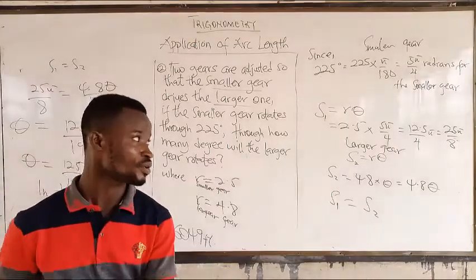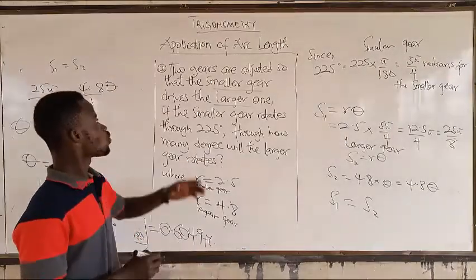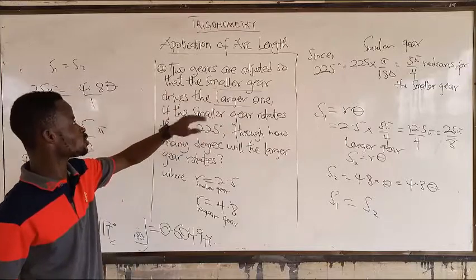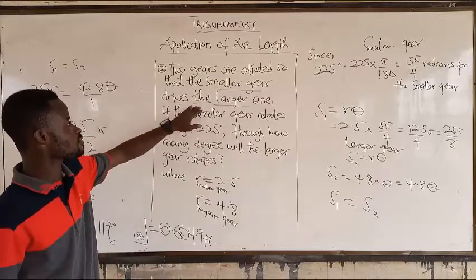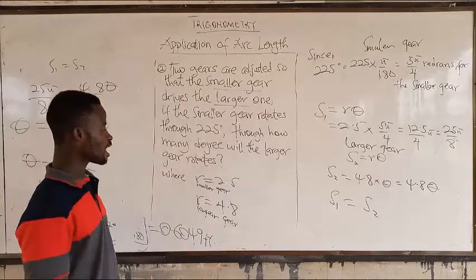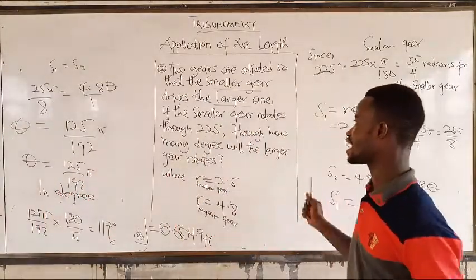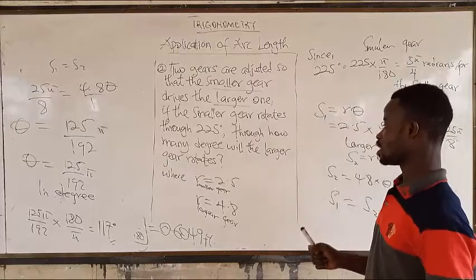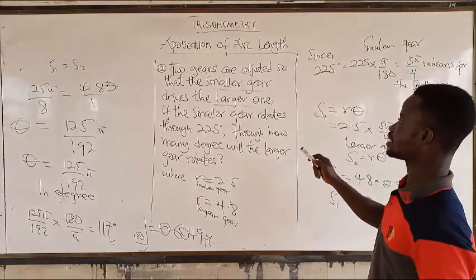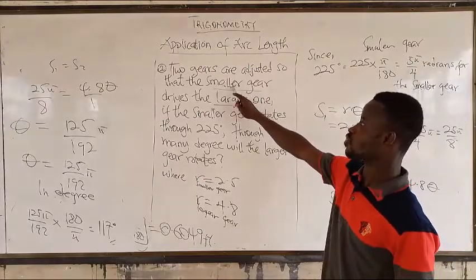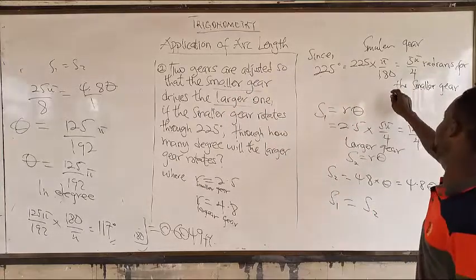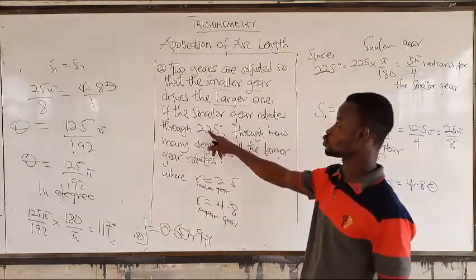Very good. So we are saying that when two gears are adjusted so that the smaller gear drives the larger gear, the angle for the smaller gear is given to us to be 225.